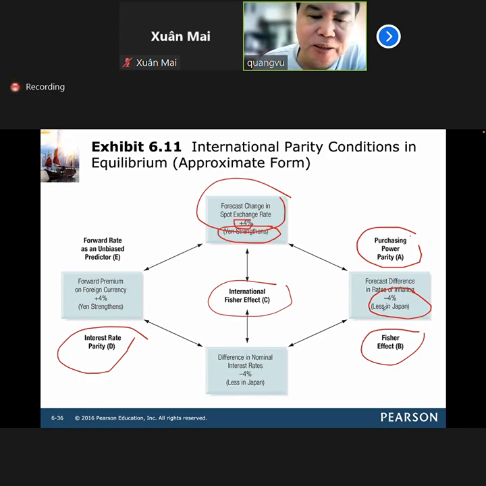And vice versa, because inflation in the United States is higher than in Japan by 4%, you should expect the US dollar to depreciate against the yen by 4%. The dollar is going to weaken, to be depreciated in value against the yen. So now I'm hoping you understand the RPPP.